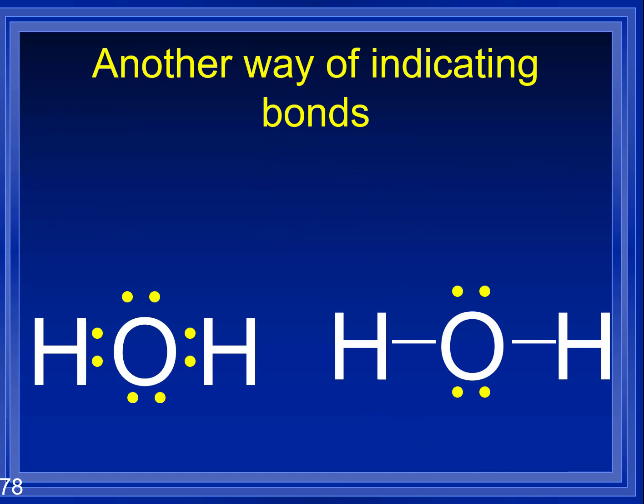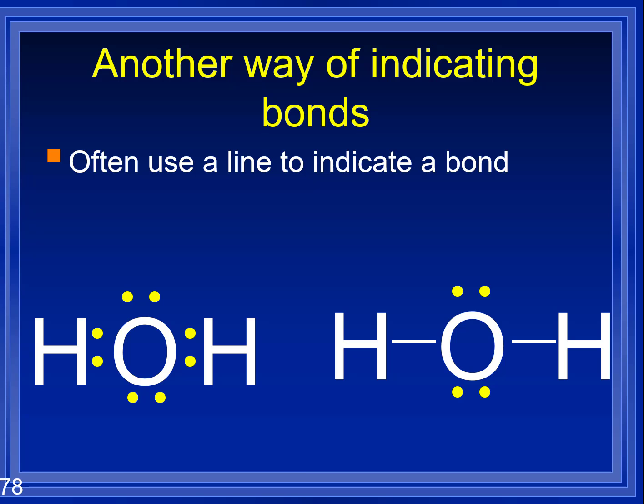you can indicate bonds with a line. But then, we really can't call it a dot diagram anymore. It's called a structural formula. It's the formula with structure added on top of it. What's hooked to what?